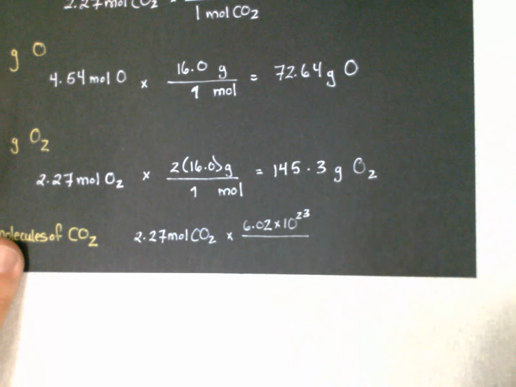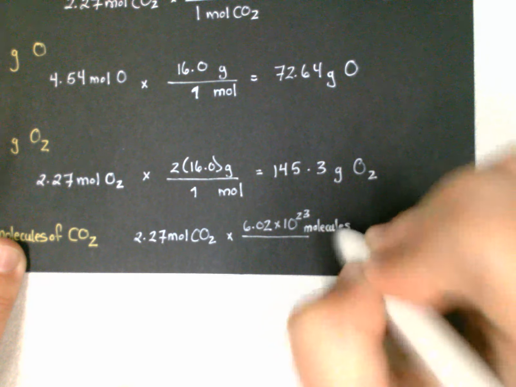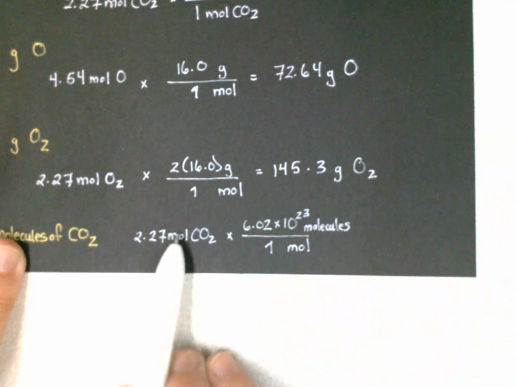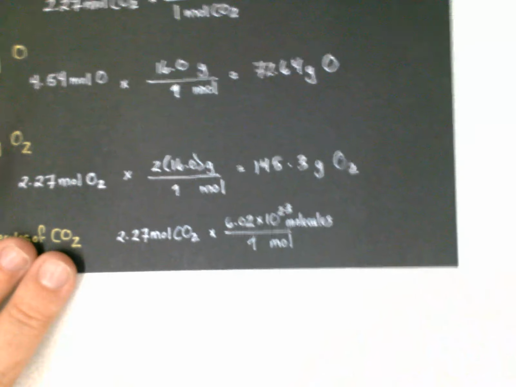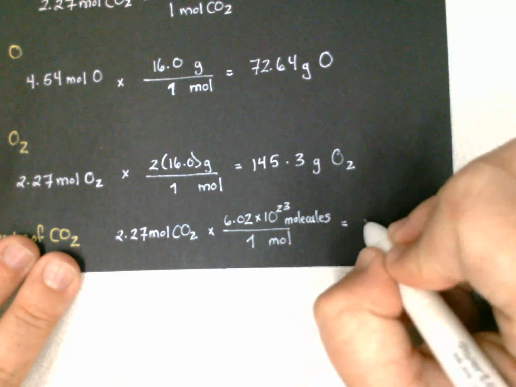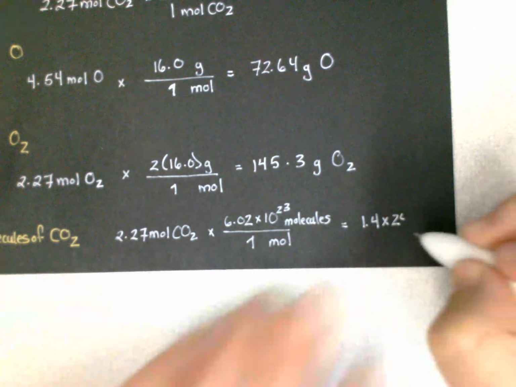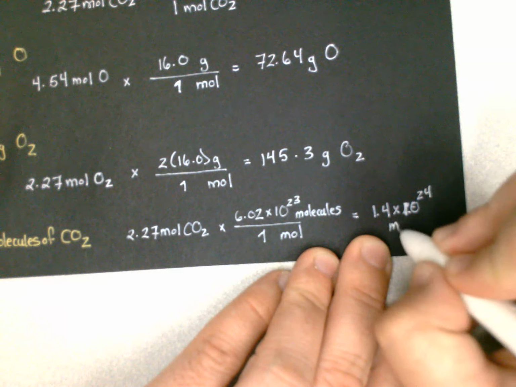What you have to remember is that Avogadro's number has units of molecules per mole, so it cancels out the moles and gives us a number of molecules. If we do that math out, we learn that there are 1.4 times 10 to the 24th molecules of CO2.